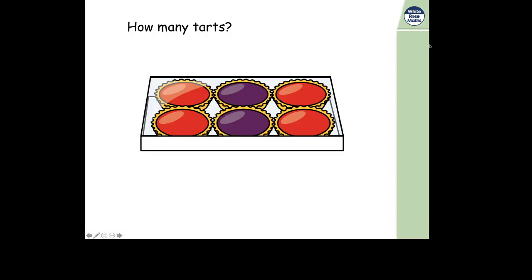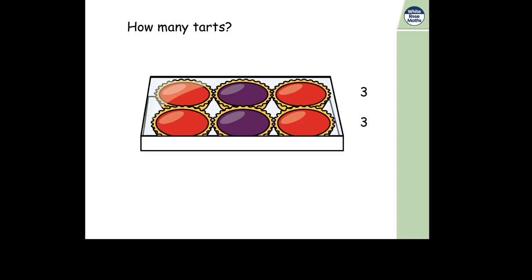Okay. So, how many tarts do we have all together? We can count that. That's quite nice. That's quite simple. But let's think of it in terms of our array. So it might even help if you make the array. So if you've got some cubes, some Lego bricks, some pencils, anything you can use to help you today to make these. So we've got 3 in the top row.